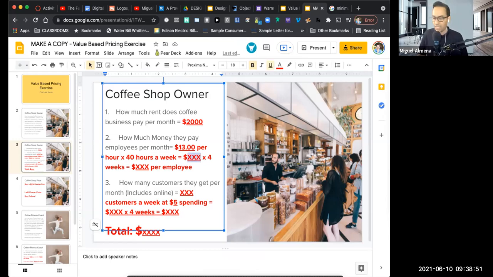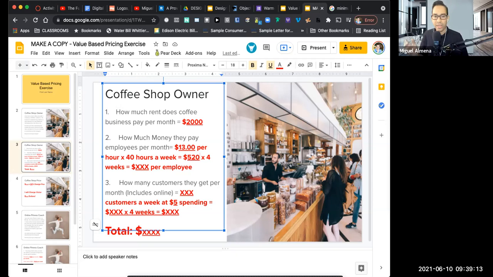So what's 13 times 40? I'm gonna pull out the calculator because math is not my strong suit. So $13 an hour times 40 hours a week is $520, not including taxes, but we're not gonna worry about taxes.